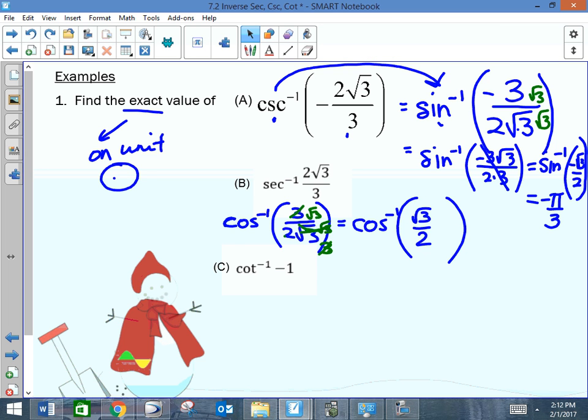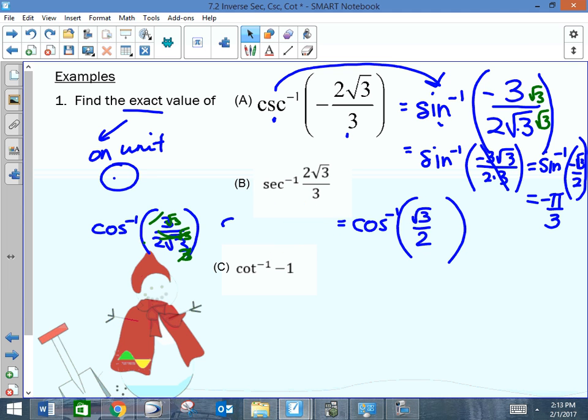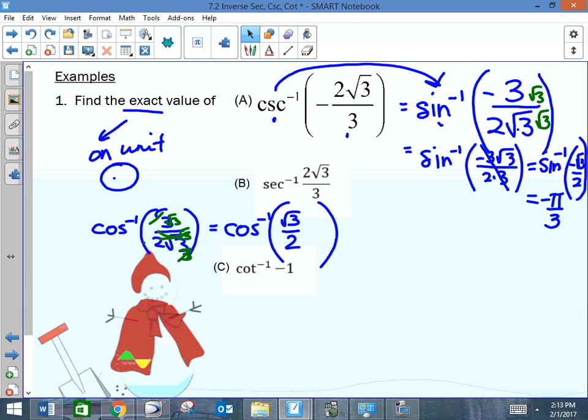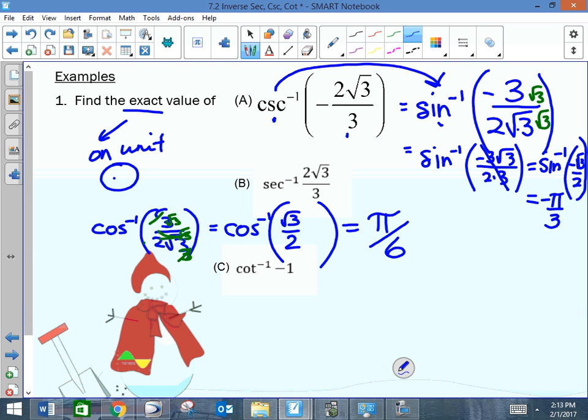Okay? All right. What is the inverse cosine of radical 3 over 2? Pi over 6. We're in the first quadrant. Is that where we want to be? Okay. Unit circle value, right quadrant. That's what you have to check.